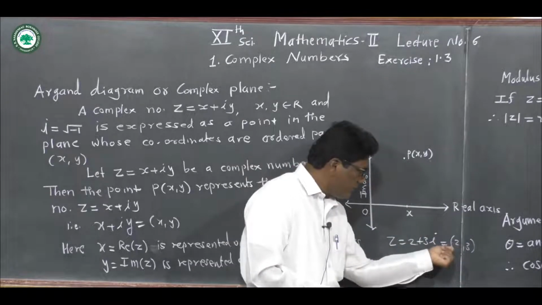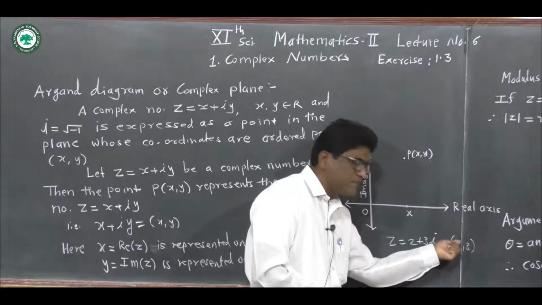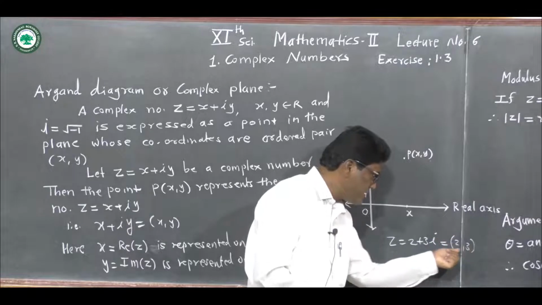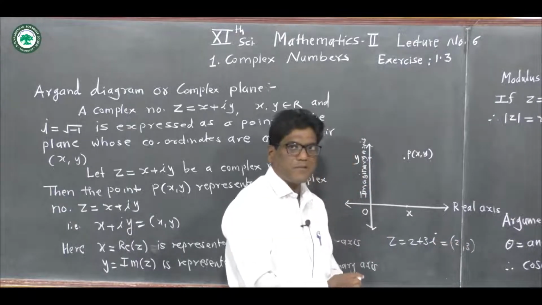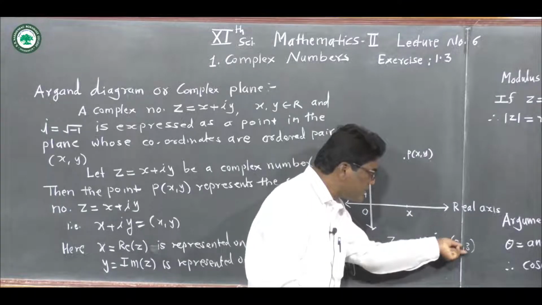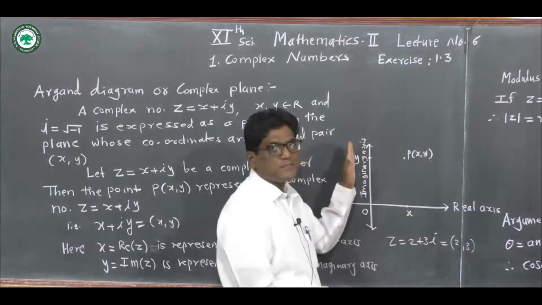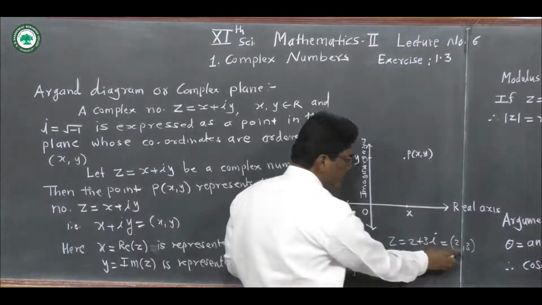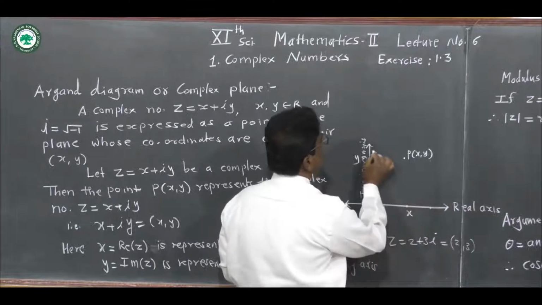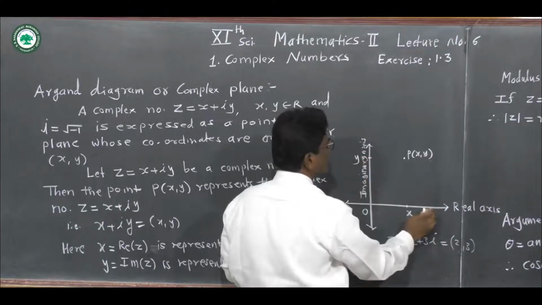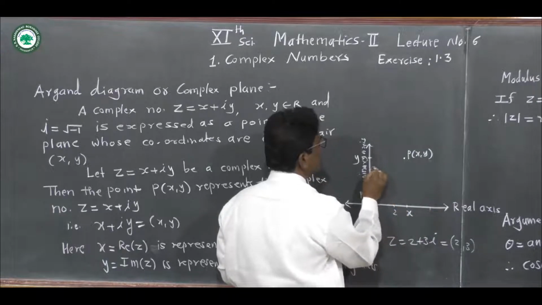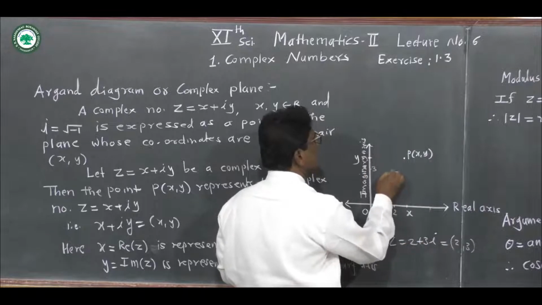In the ordered pair, the first number is the real part of that complex number and the second number is the imaginary part. This real part 2 is on the x-axis while the imaginary part 3 is on the y-axis. Then we plot this point (2, 3), like this.